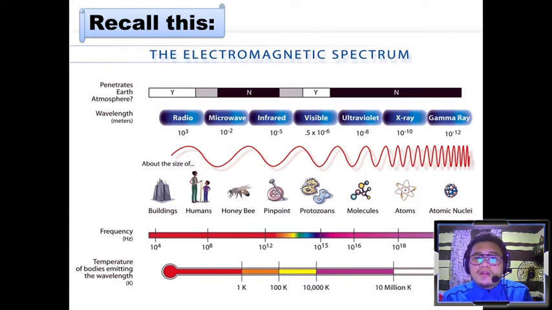We have radio waves to gamma rays, and they are arranged according to some of the properties of a wave, like the frequency, the wavelength, and the energy. In the order of increasing energy, the EM spectrum is arranged from radio to gamma rays, right? Because we are talking about increasing energy.